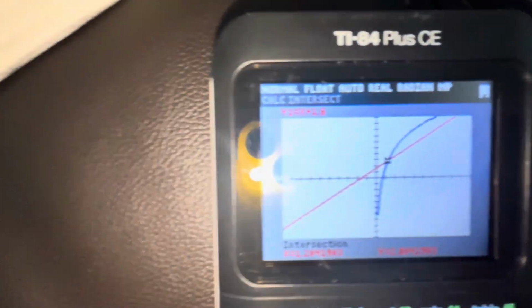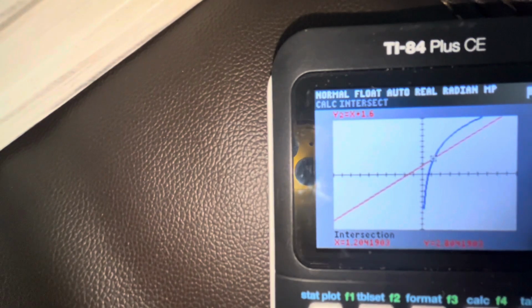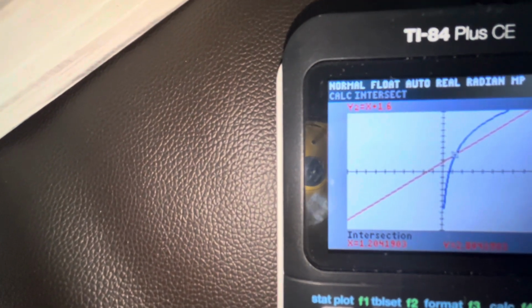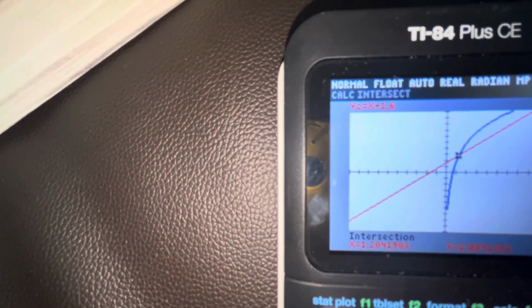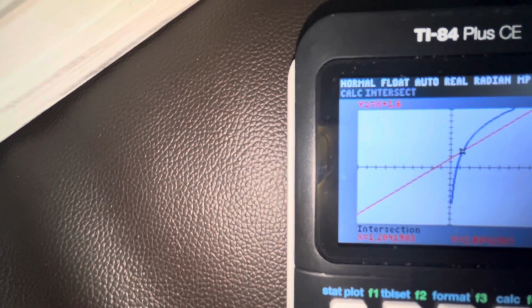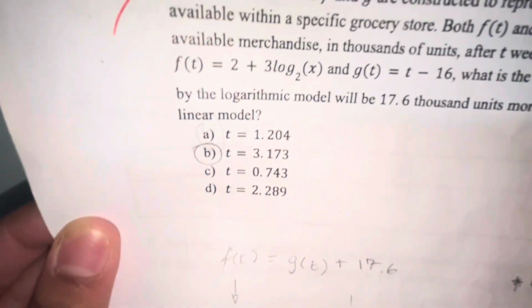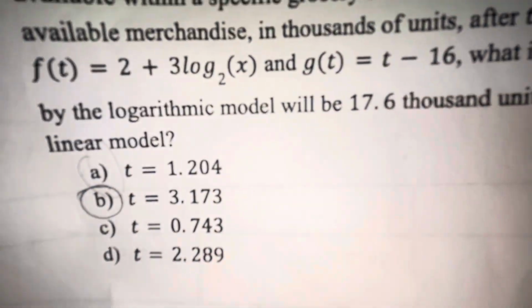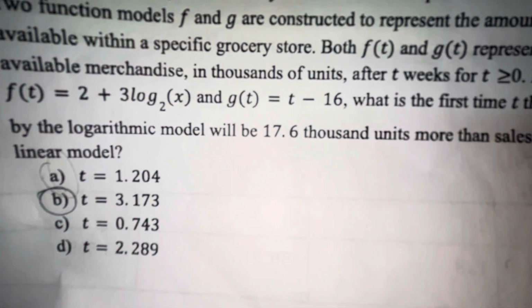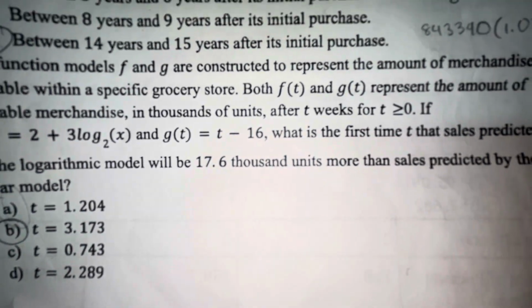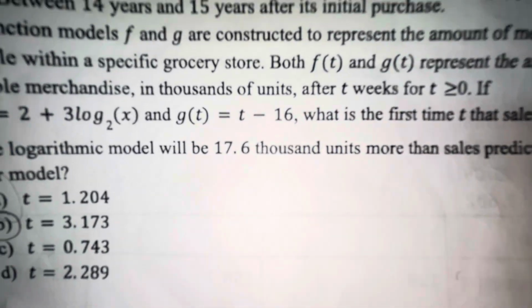And see, now you have an intersection. Your intersection is at x equals 1.2041903, which is one of the options over here. It's rounded to the third decimal, which is t equals 1.204. That is the correct answer. T equals 1.204.